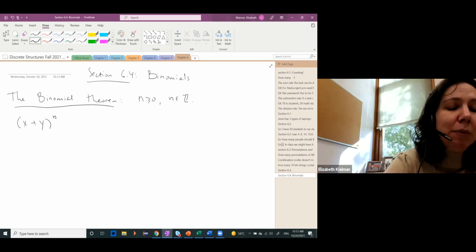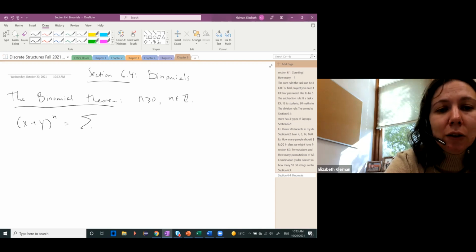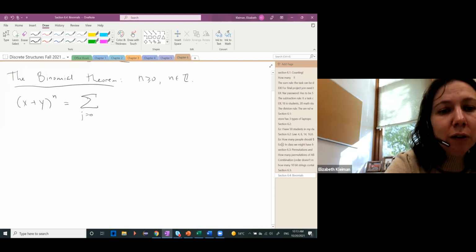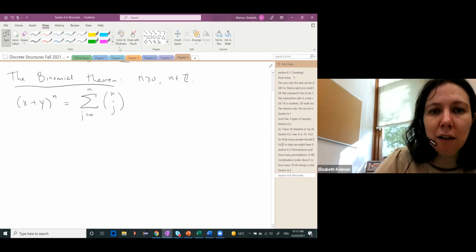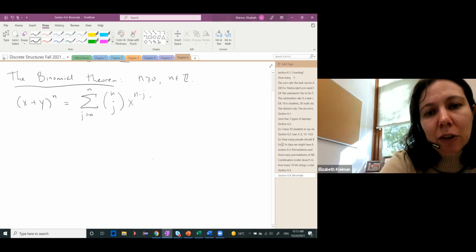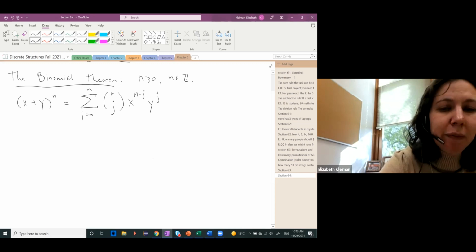So the binomial theorem says this thing is equivalent to the summation of j going from 0 to n of n choose j, x to the power n minus j, and y to the power j.